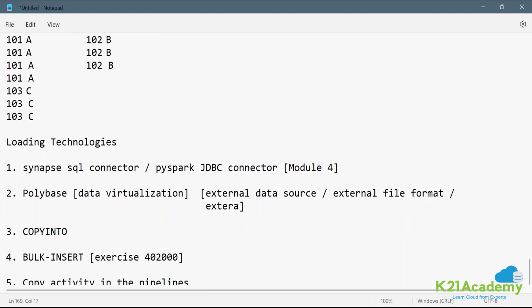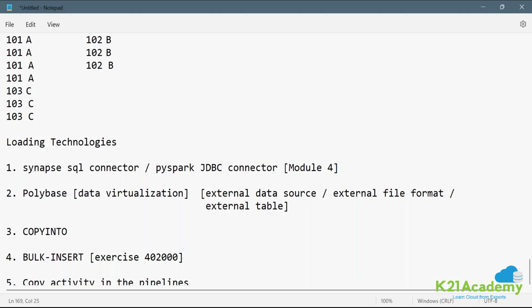Others are also there as per your needs. You may have to create a master key, a database scoped credential, a certificate, symmetric keys, whatever. You may need other objects, but these are the three mandatory metadata objects, data virtualization objects.